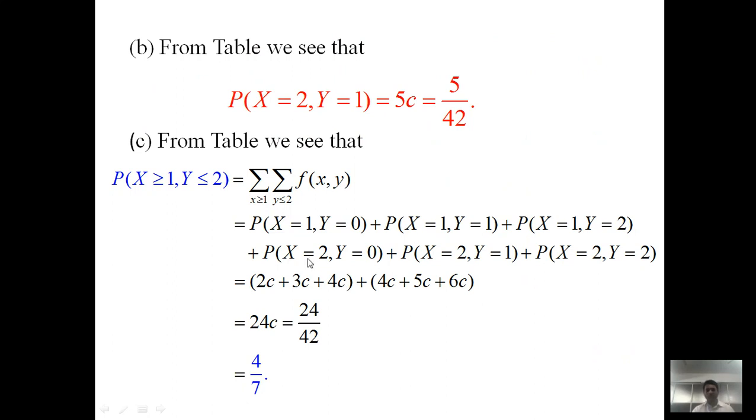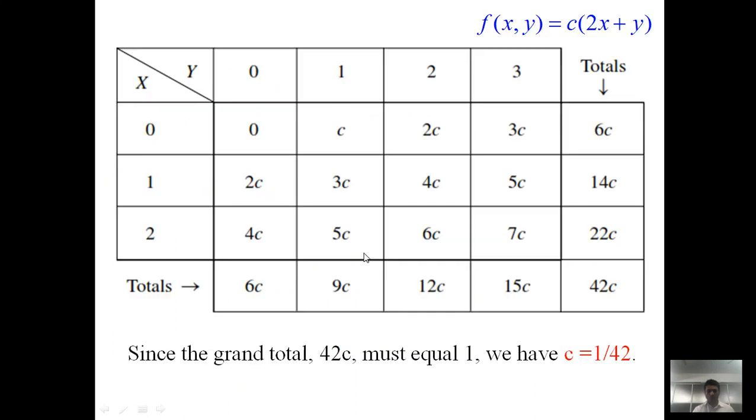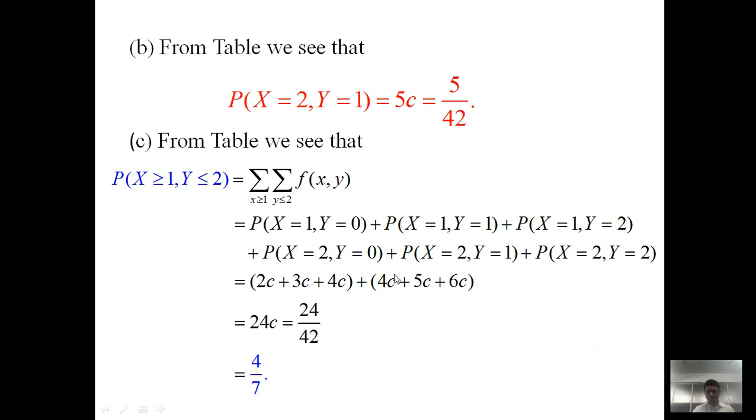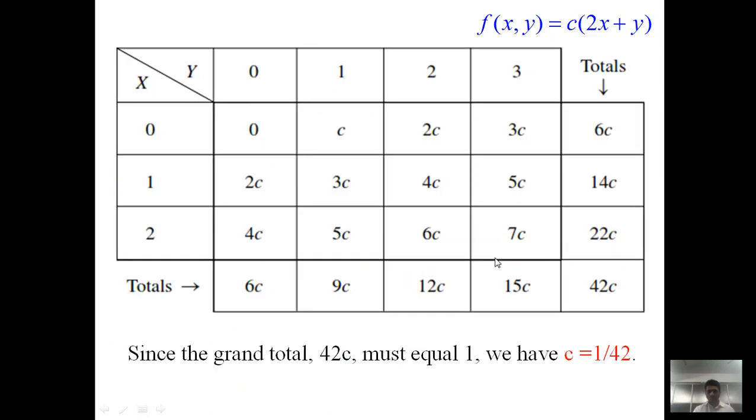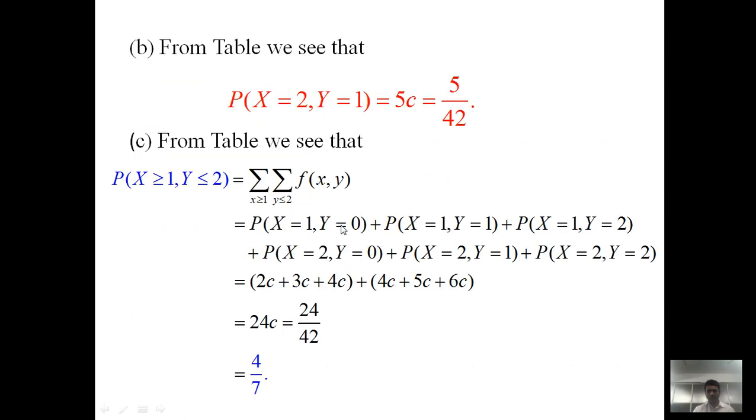Plus the probability of x=2, y=0, that is 4c. So this element is 4c. x=2, y=1, so 5c. Similarly the last one, x=2, y=2, 6c. So with simple simplification, we get 24c.